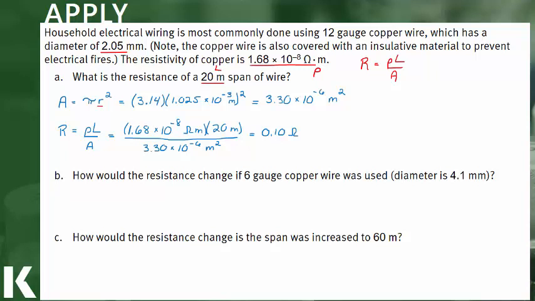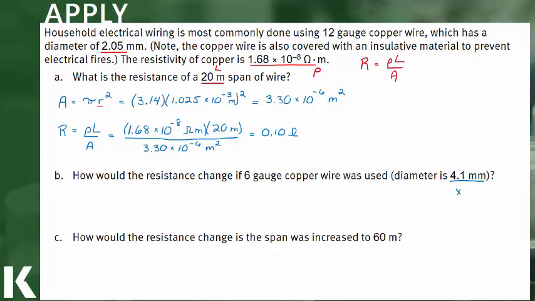Next, we're making some changes to our wire. So B asks us, how would the resistance change if we use 6 gauge copper wire, which has a diameter of 4.1 millimeters? Now notice what we have done. We've gone from 2.05 millimeters, what we used in part A, to 4.1.